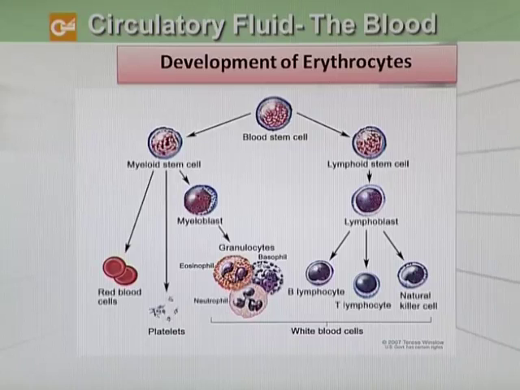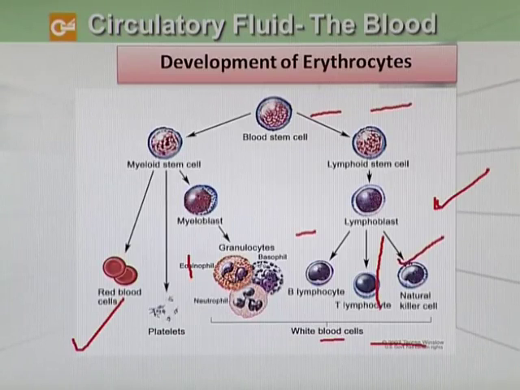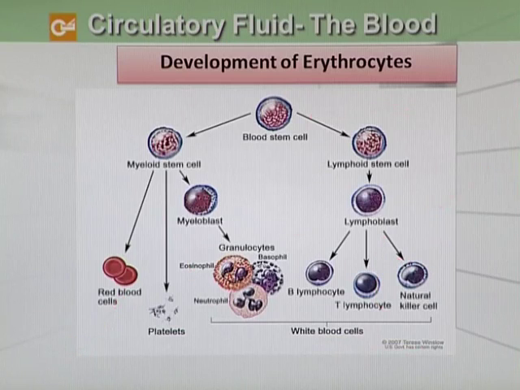Here we can see the development of erythrocytes as well as lymphocytes. They are developed from the stem cells, and in the case of erythrocytes, the origin is from the myeloid stem cells, while in the case of lymphocytes, the origin is from lymphoid stem cells.